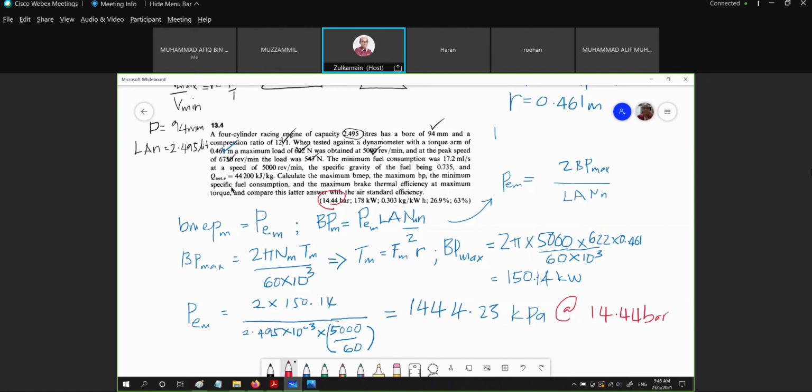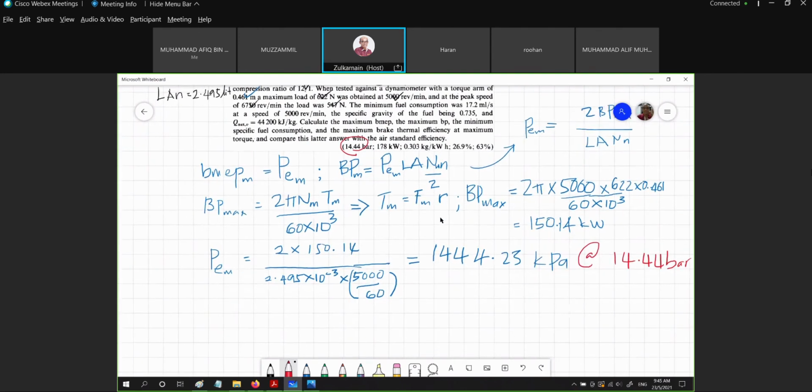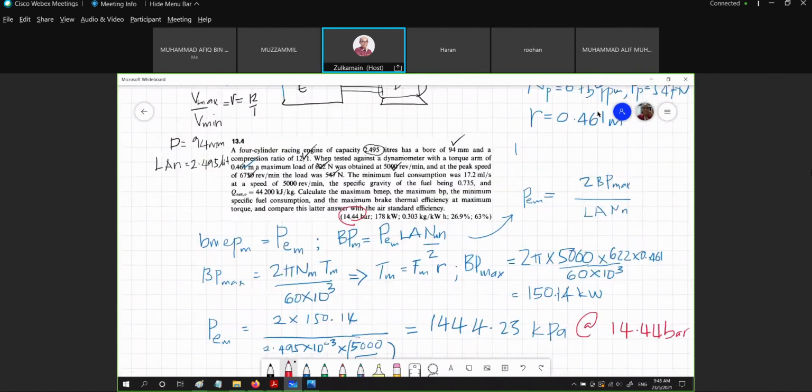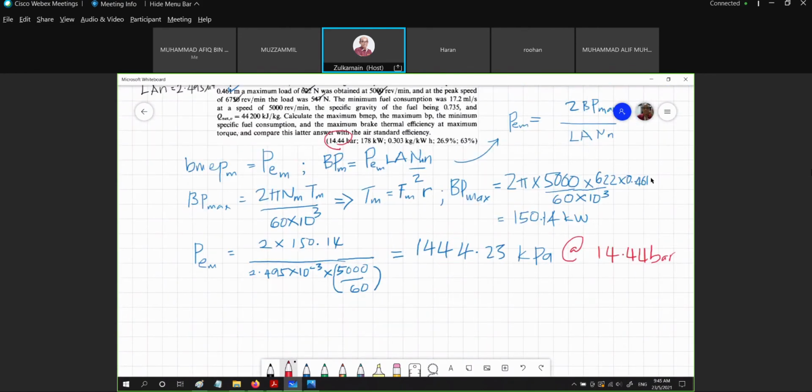So we have to compare the BP max yang kita dapat tadi at the 5000 dengan BP pada 6750. So now we are going to look at the peak. So what is BP for the peak?